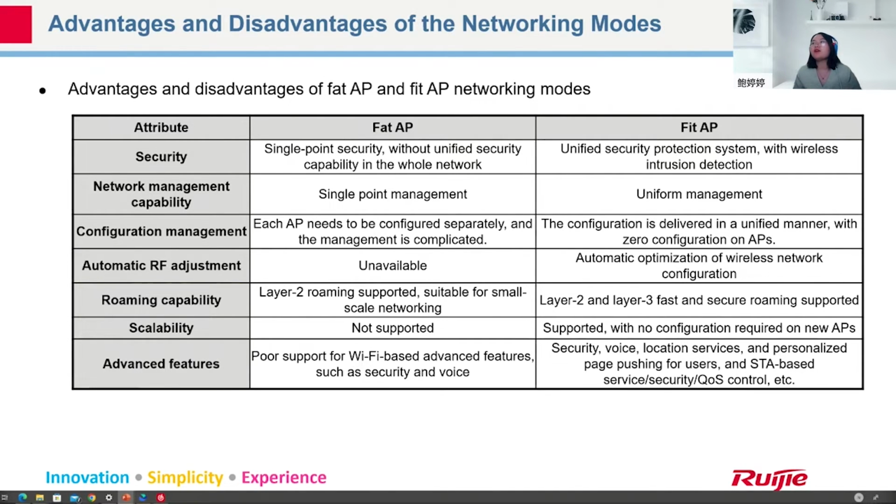But if you have lots of APs, the configuration is very heavy, although maybe the configuration is the same. And when you do troubleshooting, it's also a little difficult because you don't know all the status. You have to check one by one. So this also has different advantages and disadvantages.